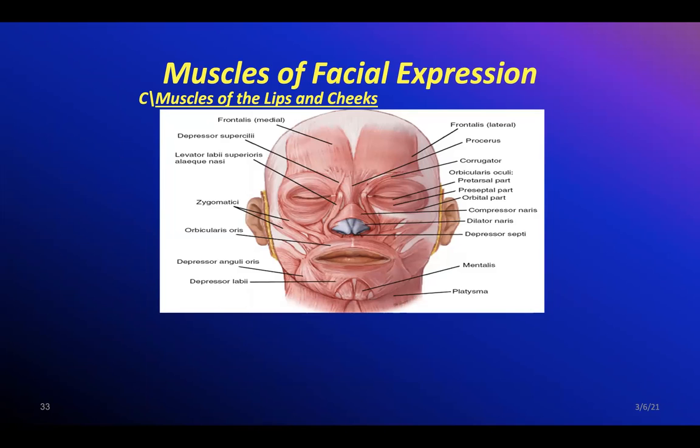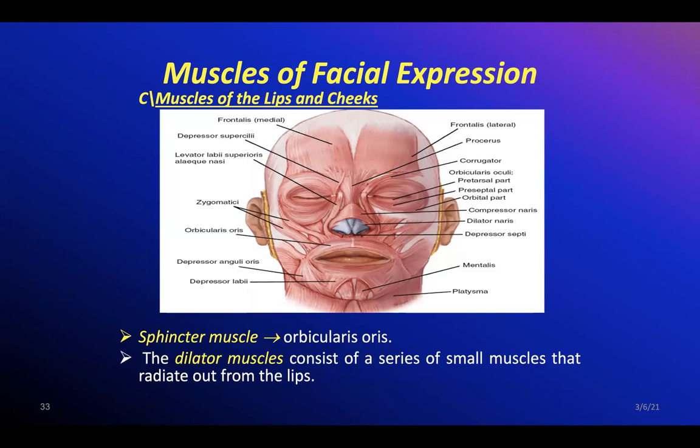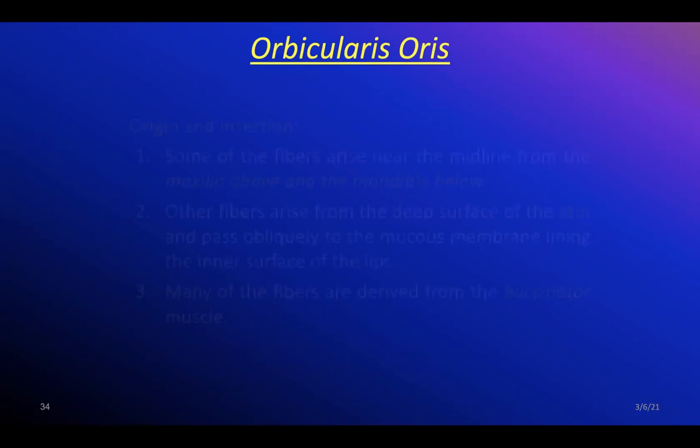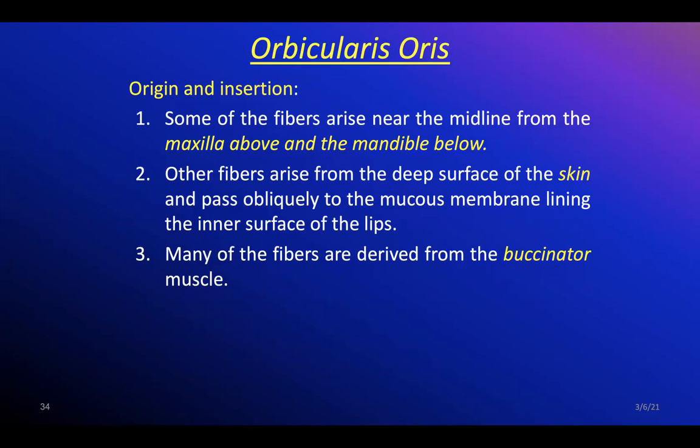The muscles of the lips and the cheek: the sphincter muscle, which is orbicularis oris. The dilator muscle consists of a series of small muscles that radiate from the lips. The origin of the orbicularis oris and insertion: some fibers arise near the midline from the maxilla above and the mandible below.